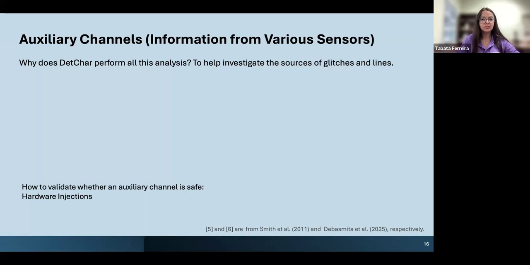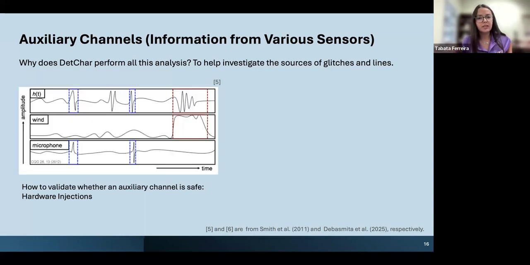To bring information about their source, we usually use what we call auxiliary channels, which record information from different sensors around the detector. Sensors such as seismometers, accelerometers, thermometers, and many more, which are just measuring everything that is happening around the detector and give us data and information about it.